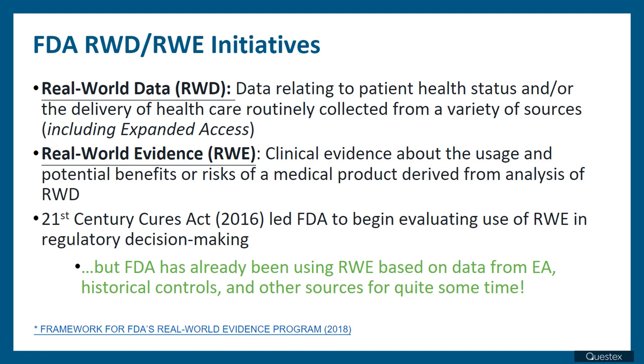But it should be noted that real-world evidence has been around for a long time, for example, in the form of historic controls. In the context of expanded access, we'll talk a little bit about how expanded access can be another source of real-world data because these patients are typically more similar to what would be observed in the clinical practice setting rather than in a controlled research setting.